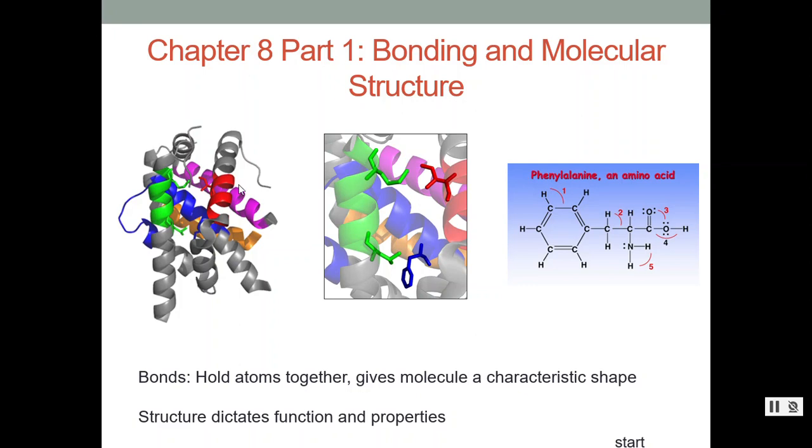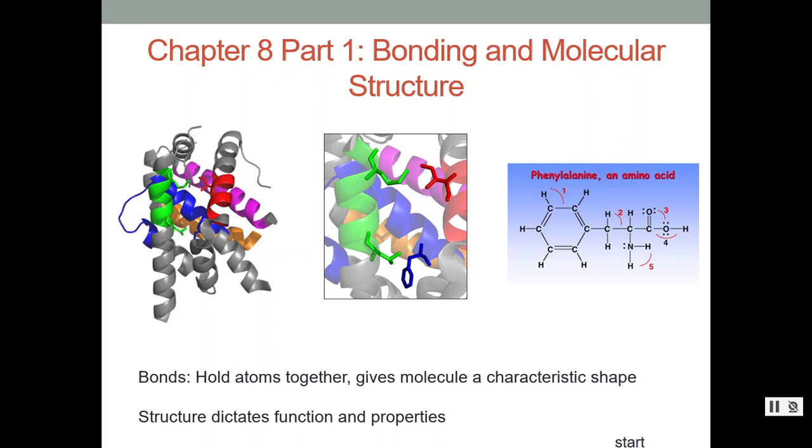And if you look closely at the structure, that secondary structure, you see that these two proteins, these two molecules are held together due to interaction between certain portions of that molecule.